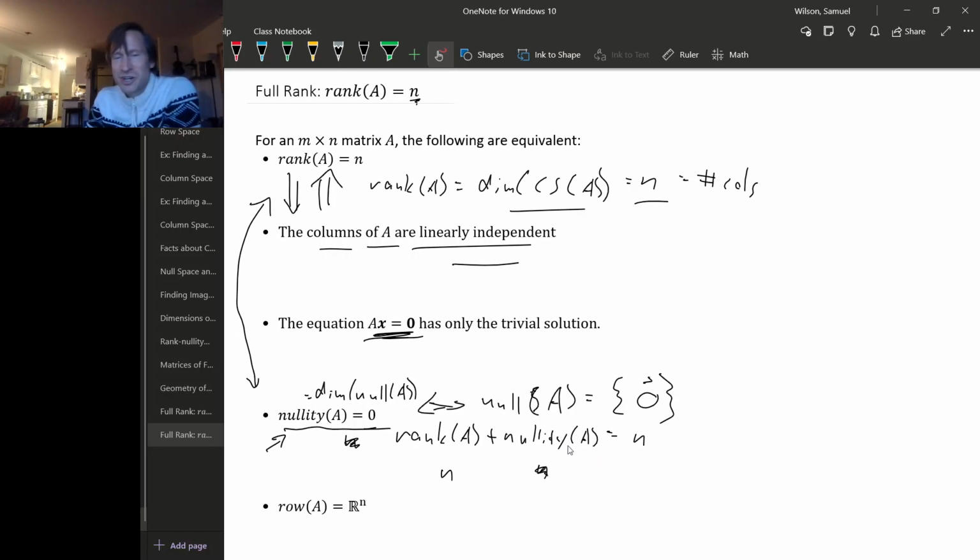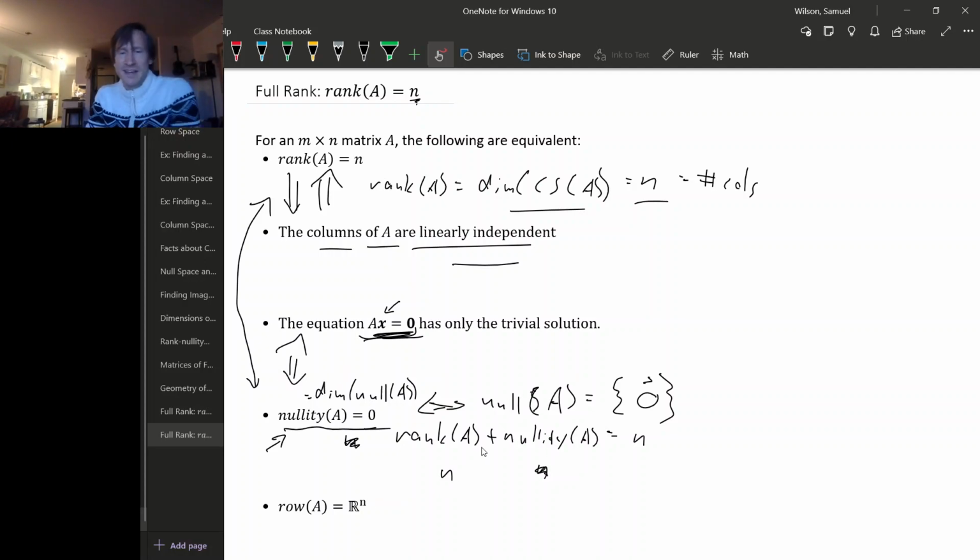So what we need to show is that if the null space is the 0 vector, then this equation has only the trivial solution. But those two sentences mean exactly the same thing, right? The null space being the 0 vector means that 0 is the only solution to this equation, and vice versa. So this goes both ways.